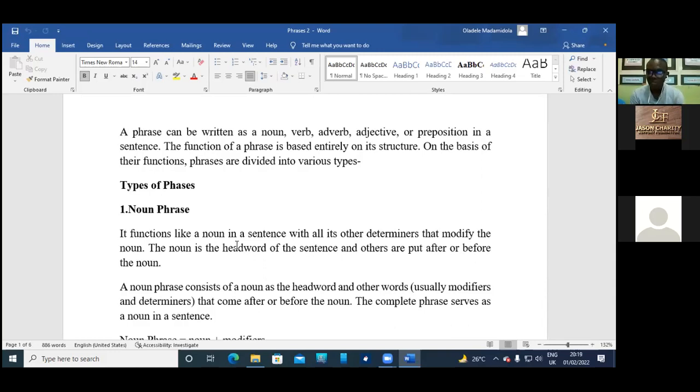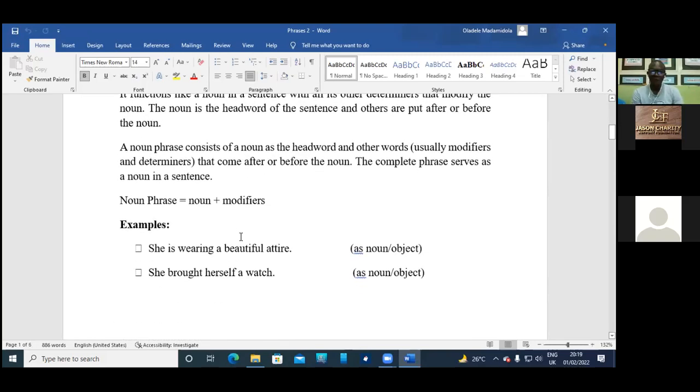The most important word in a noun phrase is a noun. It functions like a noun in a sentence with all its other determiners that modify the noun. The noun is the head word and others are put after or before the noun. Now we're going to take examples of phrases according to the type as we go on.